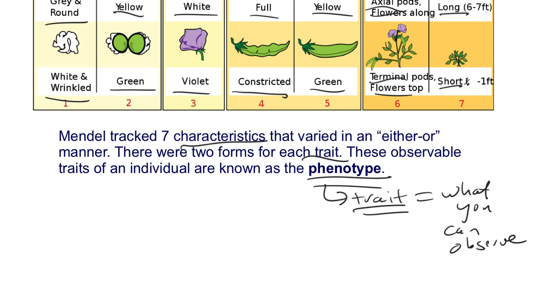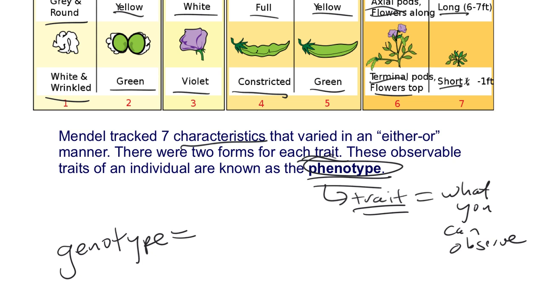Now, Mendel knew nothing about genes. All he could measure and understand were the traits. We call that trait that you can observe the phenotype. The allele that codes for that trait is the genotype. And of course, Mendel didn't know anything about that, but we'll be using that term.